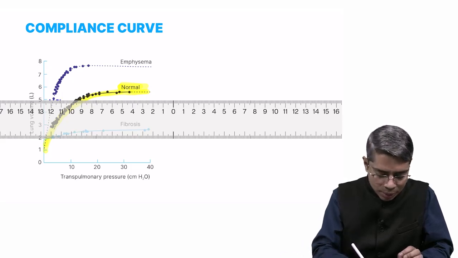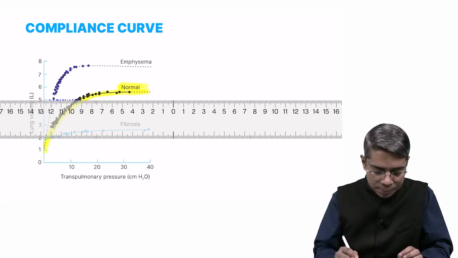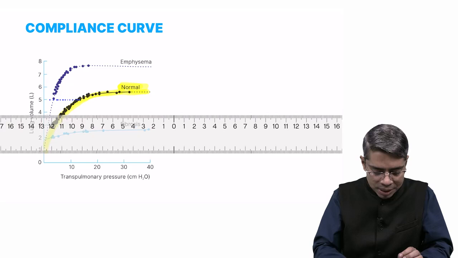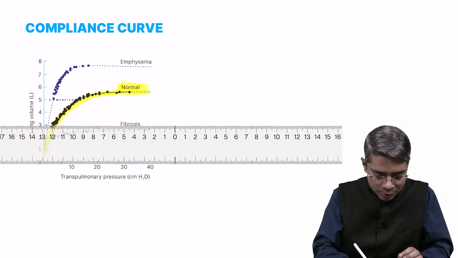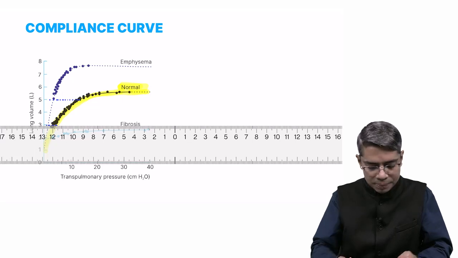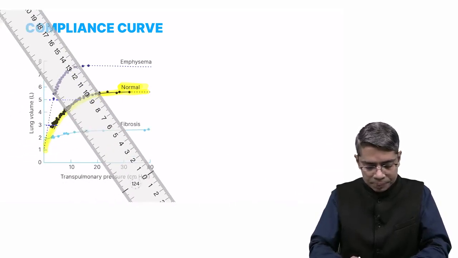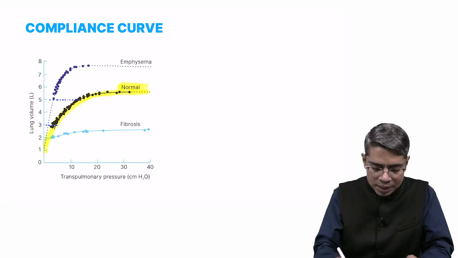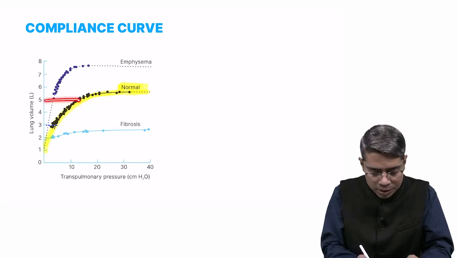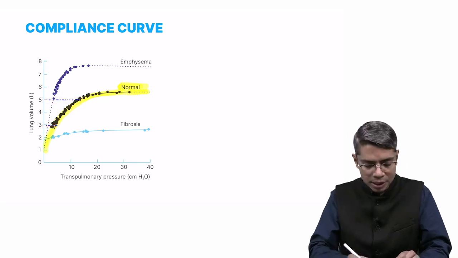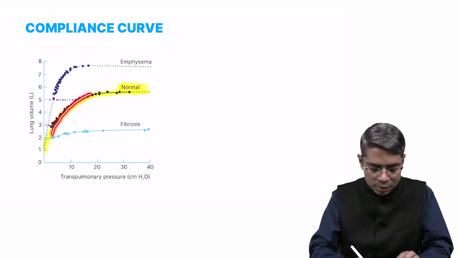I am dropping one perpendicular on this compliance curve, from 5 liters and from 3 liters, another perpendicular on this curve. So on the surface of this normal curve I have dropped two perpendiculars.